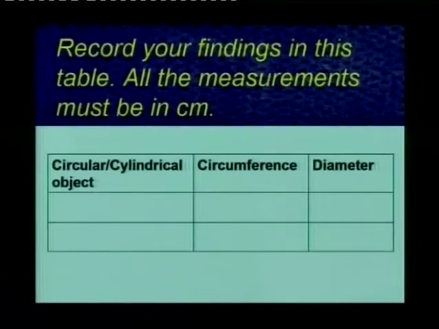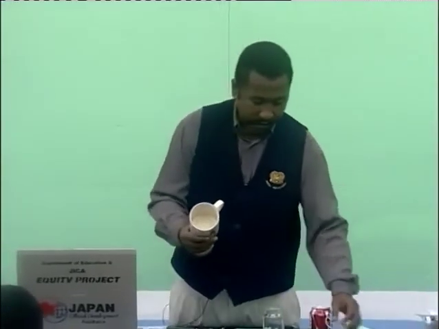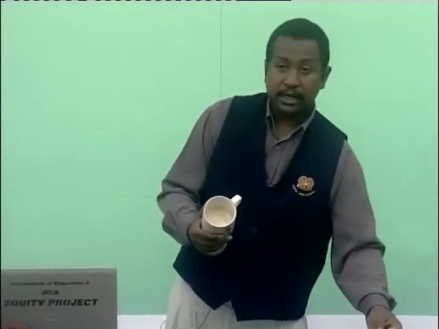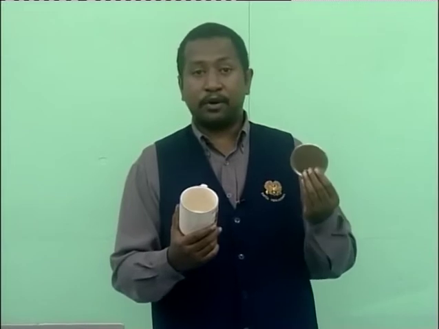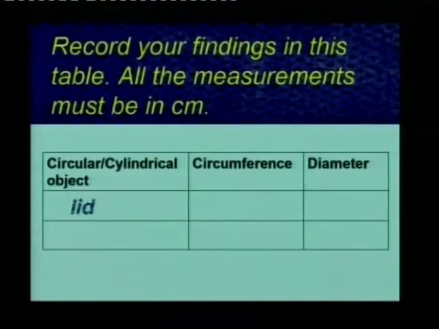Like, for example, as for me, I've got a cylindrical object which is the lid of a tin, and a cylindrical object which is the cup, and a circular object which is the lid of the tin. So under the column there, I will put the names of those two objects which I have. So you do the same. Okay?